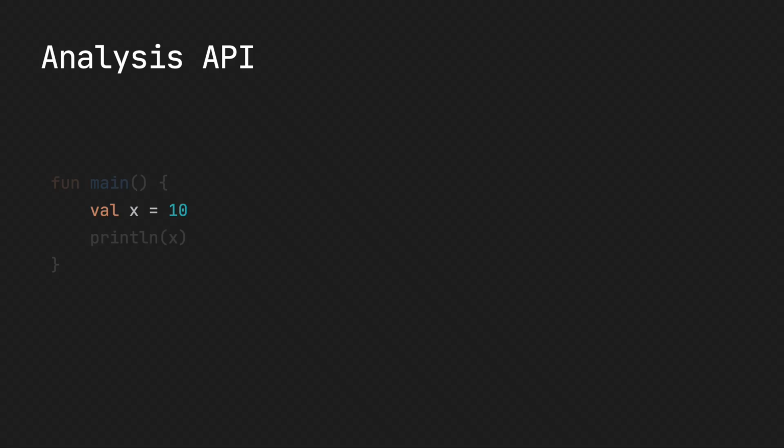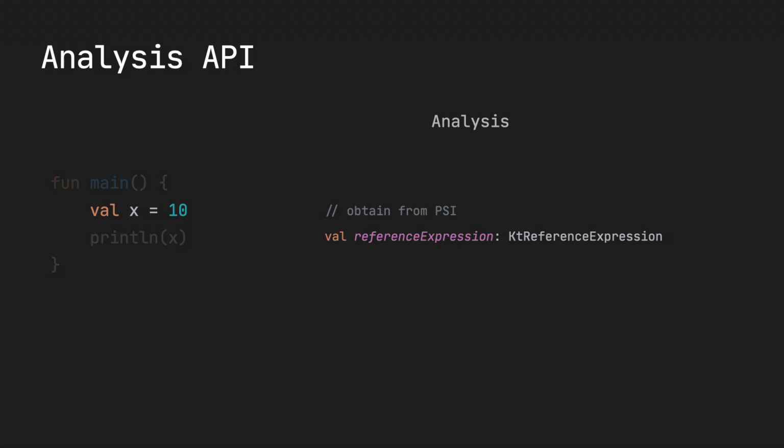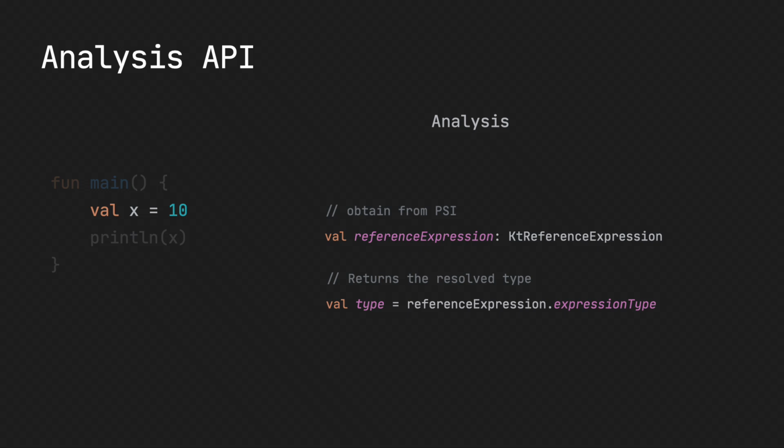This is where the analysis API comes in. The analysis API looks at this, and when it does analysis, what I could do is take this reference expression, feed it to this API, and the API is implemented as extensions on these KT elements. So one of the extensions that the analysis API gives me is an expression type.